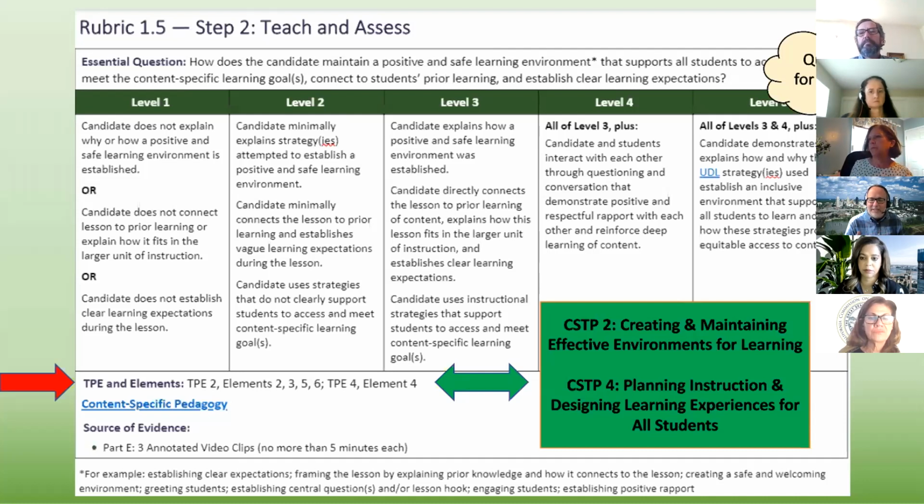And the candidate would then share those ideas, and we would look at evidence to support that particular conversation. And then as you see in the rubric, it's all laid out right there. So the candidate can explain how that is established, how they directly connect the prior learning of content, how it fits in the unit.